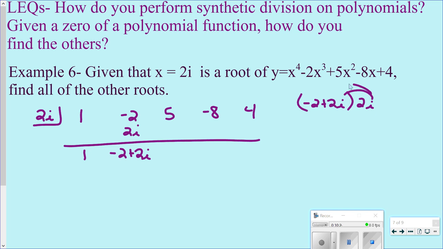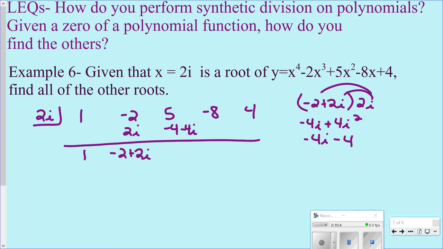I'm going to distribute the 2i, so -2 times 2i is -4i. 2i times 2i is plus 4i squared. 4i squared is 4 times -1, which is -4, so -4i minus 4. I'm going to try and keep the real part first because I'm going to line it up with the 5. So -4 minus 4i. And then add 5 minus 4 is 1, and then minus 4i.